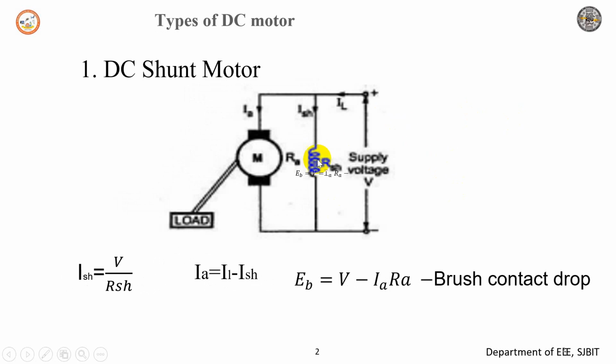As long as the supply voltage is constant, the flux produced in the field winding is also constant, because the current is based on the supply voltage. Therefore, the shunt motor is also referred to as a constant flux machine.